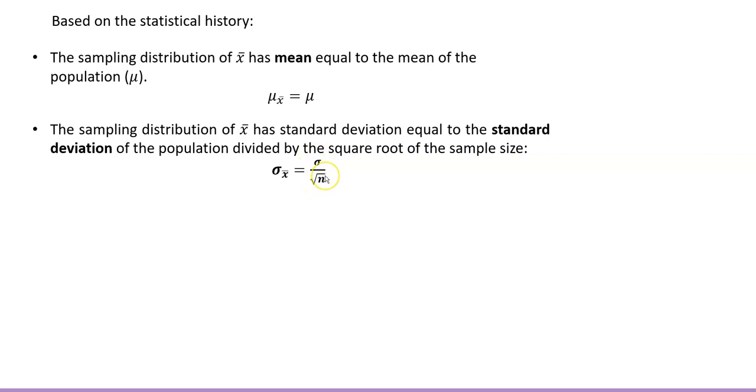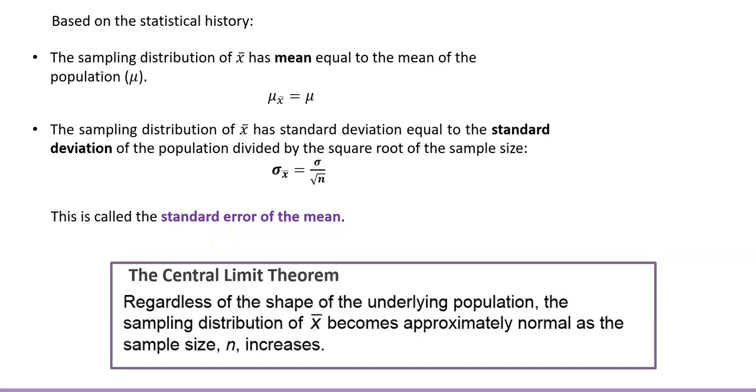So that is the sample size. And that's where the sample size will mathematically take effect. The larger the number in the denominator, the smaller the overall result we'll get. And that's going to be consistent with what we talked about. Now, this standard deviation has another name. It's called the standard error of the mean.